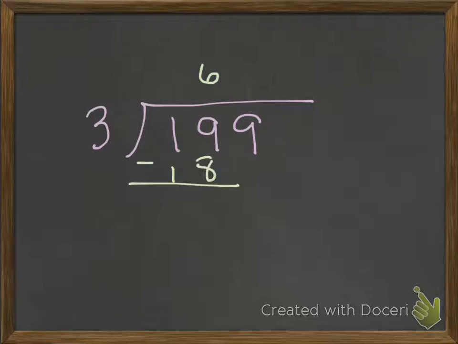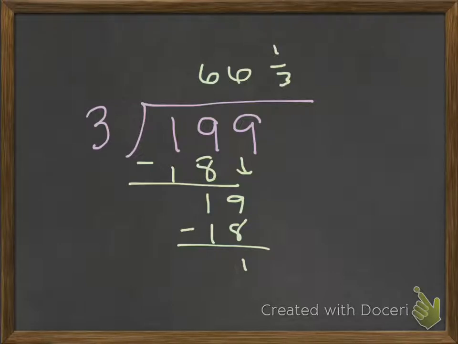You subtract, so I have a 1 left over, and now I drop the 9. Again, 3 goes into 19 evenly 6 times, 3 times 6 is 18, and I have a remainder of 1. Since I have a remainder of 1, I'm left with 1 over what I was dividing by. So my answer is 66 and 1/3, the 3 coming from right there.